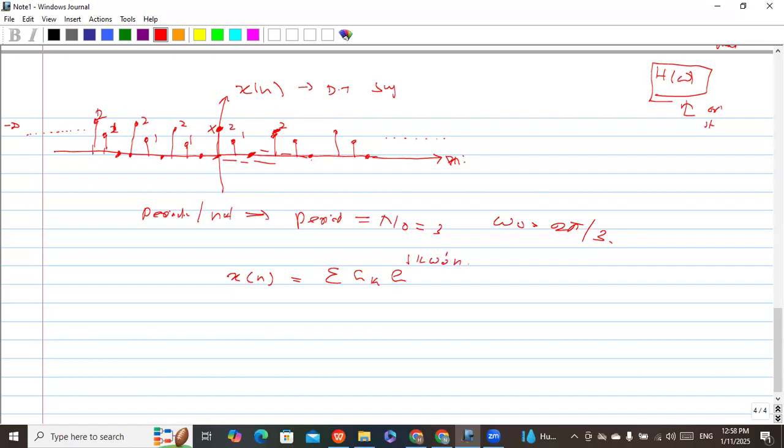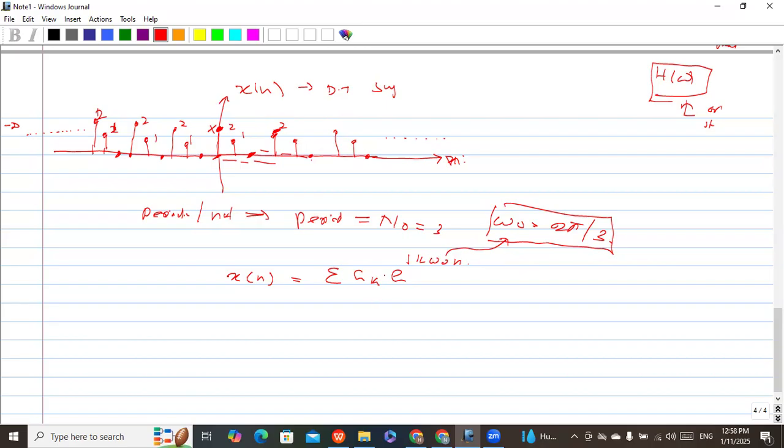We know the omega naught, that is 2π divided by 3. If you need, you can apply this omega naught value here, or you can keep it as it is.